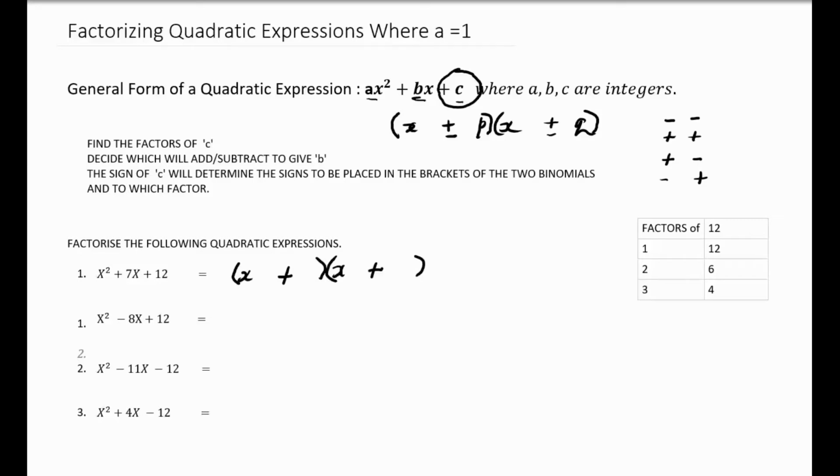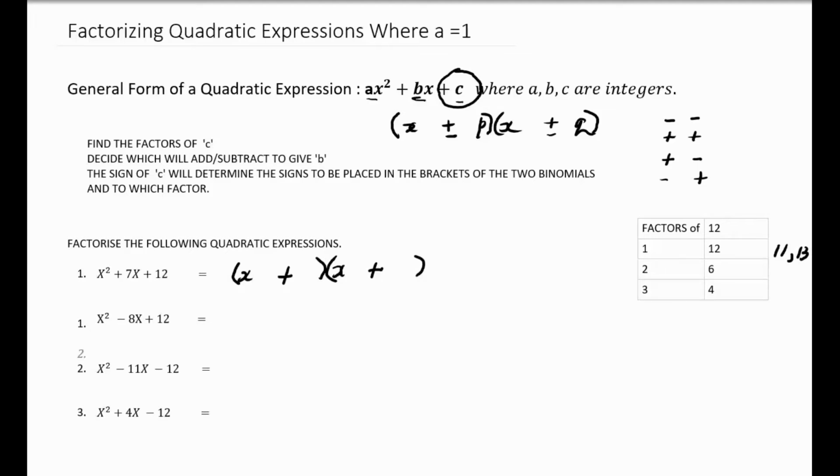Now, let us check the factors of 12. We have done it over here in this table: 1 and 12, 2 and 6, 3 and 4. Whether we add or subtract these two numbers, it gives us a sum of 11 or 13.